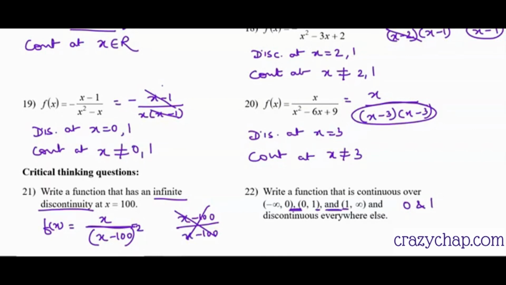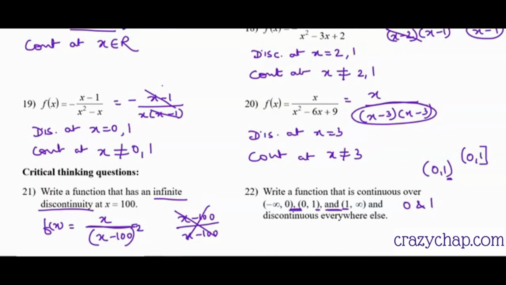I hope you understand the meaning of open interval. When I write 0 to 1 like this, it means all the values from 0 onwards up to before 1. That is called an open interval. If I write 0 comma 1 like this, it is open at 0 but closed at 1.